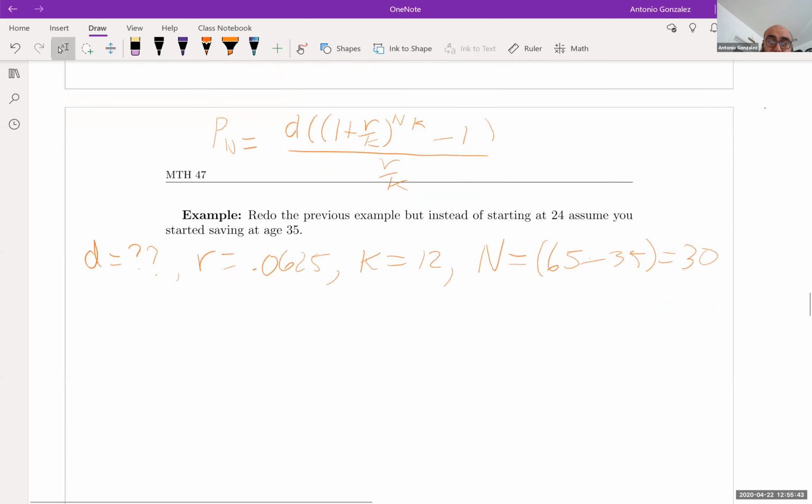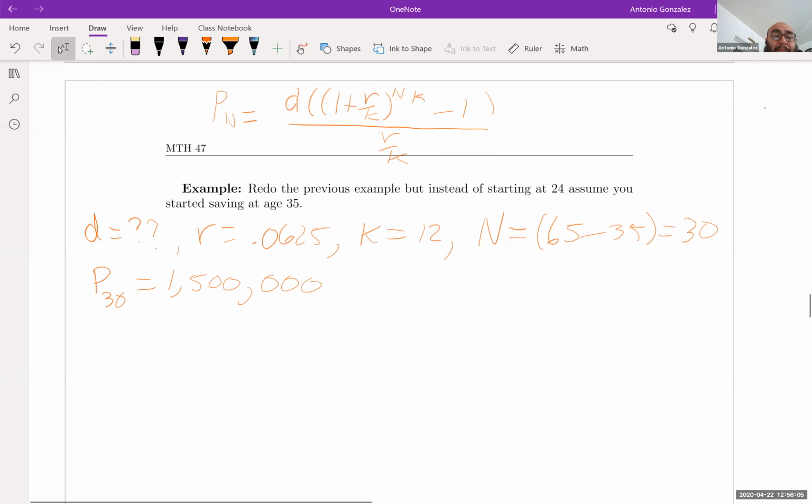Okay, and again, P of 30 is going to be equal to $1.5 million. That is my goal, right? I set out the goal that I want $1.5 million by the age I retire. Okay, so now we start off the same, plugging things in.